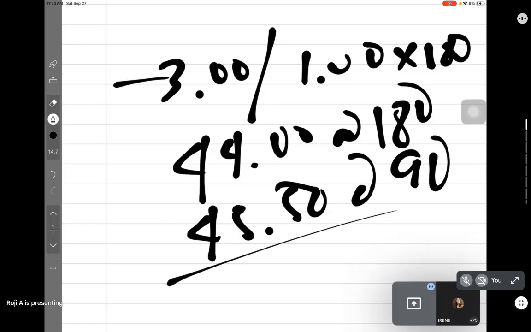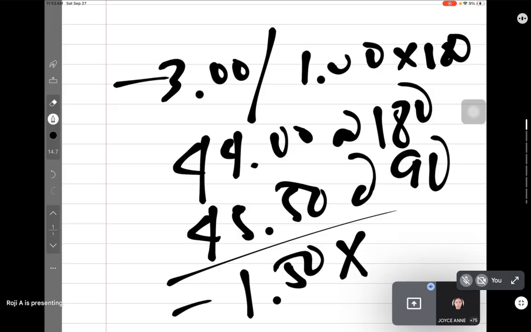How much is this? Minus 1.50 diameter cylinder, axis 180. Very good.